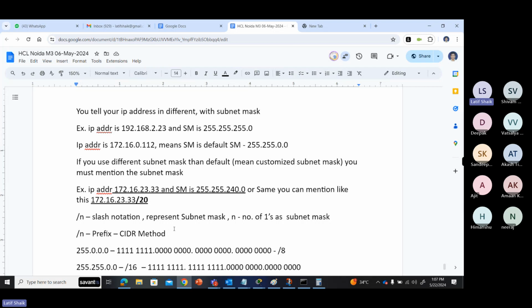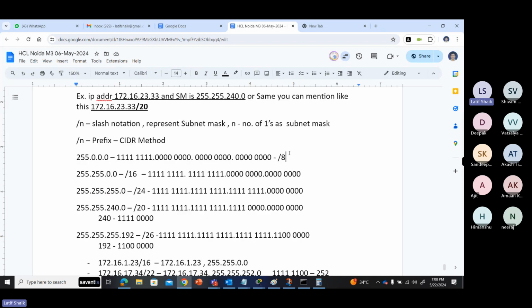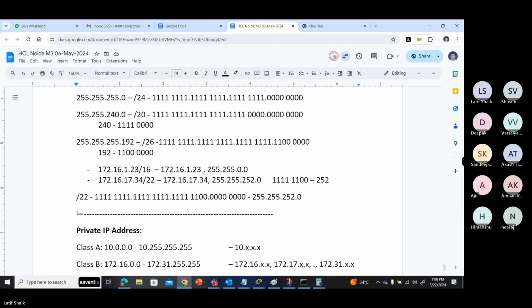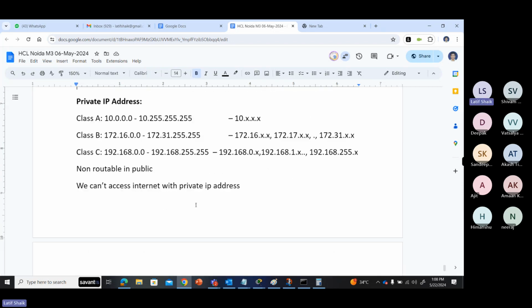Either we can write the subnet mask completely, or we can use slash notation. Even if you are using the default subnet mask, you can tell your subnet mask directly or with a slash notation. If you are using class A, /8, class B, /16, class C, /24, you can tell it that way too. Understand, guys, up to here?